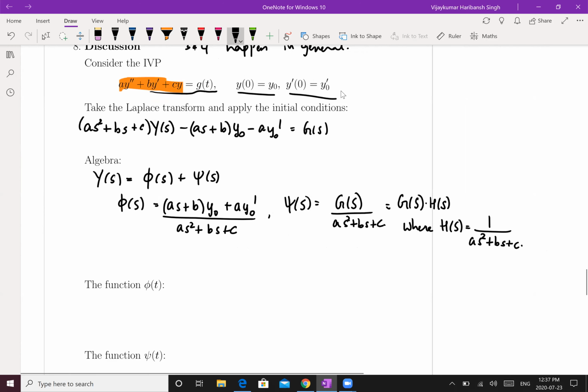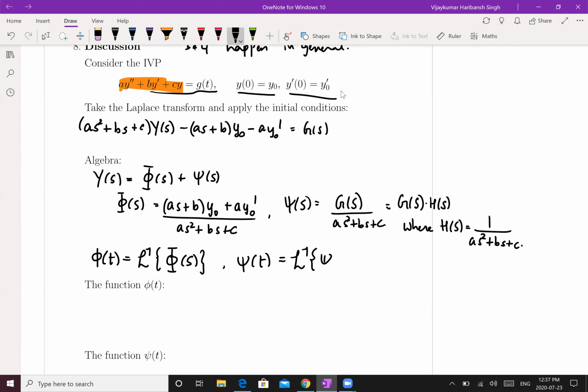So now we have: let big phi of t be L inverse of phi of s, and let big psi of t be L inverse of psi of s. Let's use big phi and big psi here, just to distinguish them.